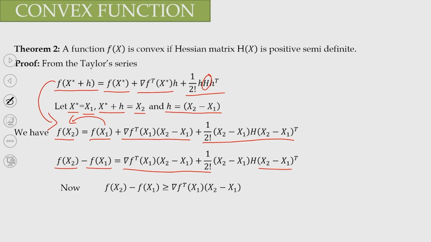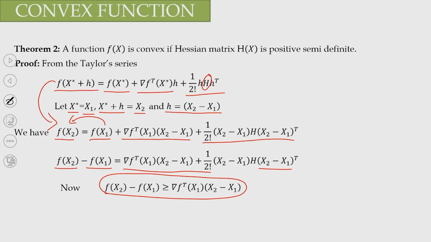As per theorem 1, if f of x2 is greater than or equal to f of x1 plus del f transpose at x1 into (x2 minus x1) is true, then the function is a convex function.